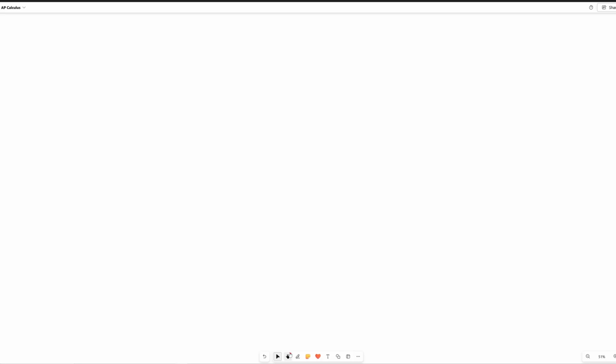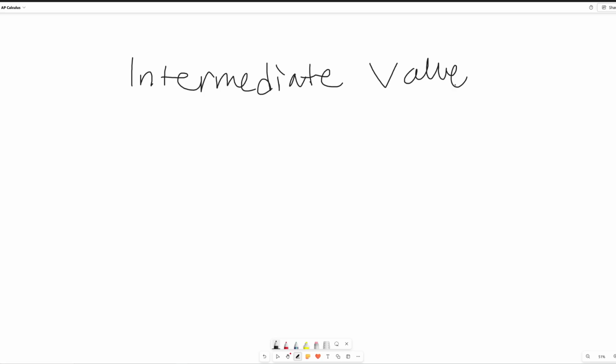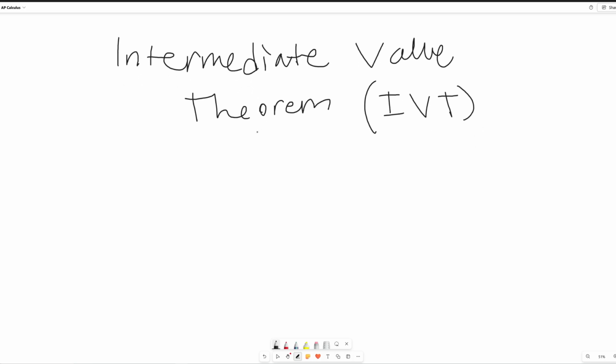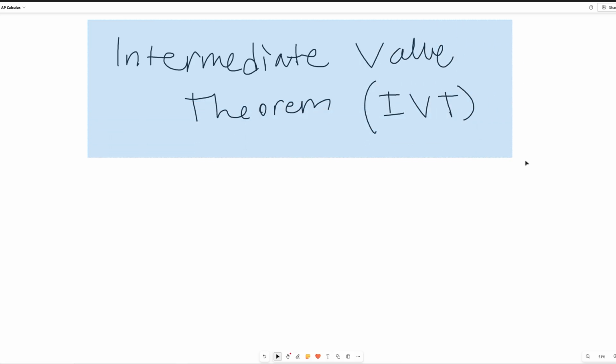The final topic is intermediate value theorem. So this is probably the easiest topic in the whole unit. Intermediate value theorem, also known as IVT, which is what I'm going to call it because intermediate value theorem is a mouthful.